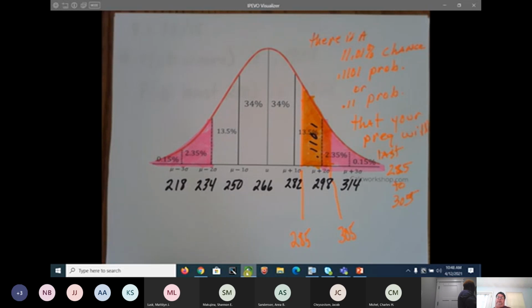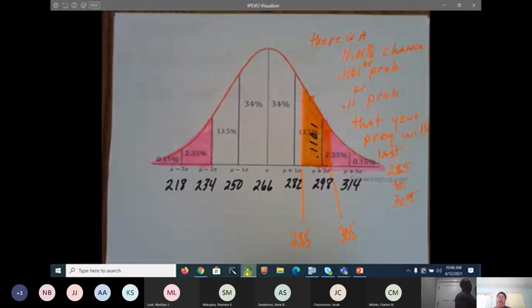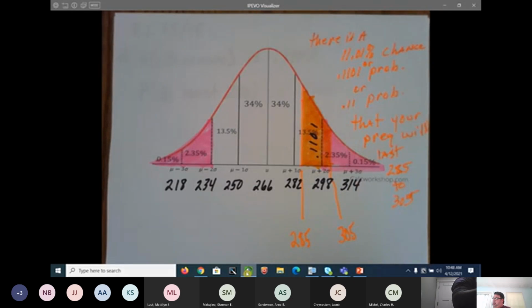There is an 11.01% chance, or a 0.1101 probability, or a 0.11 probability that your pregnancy will last between 285 and 305 days.